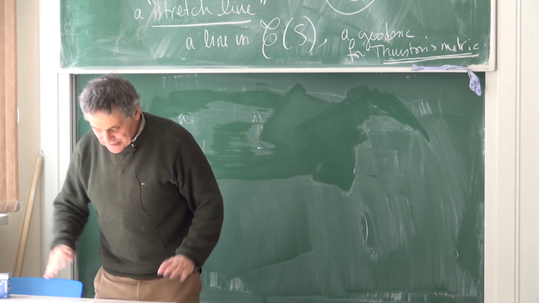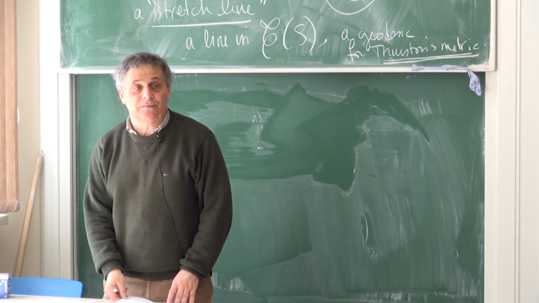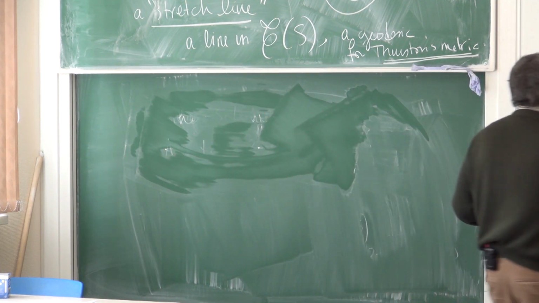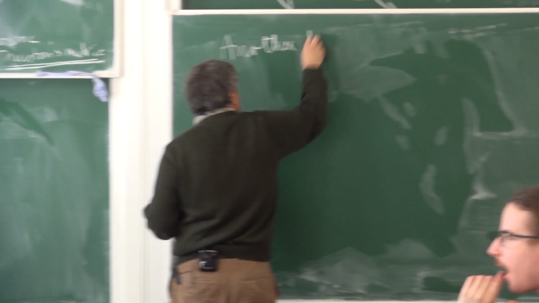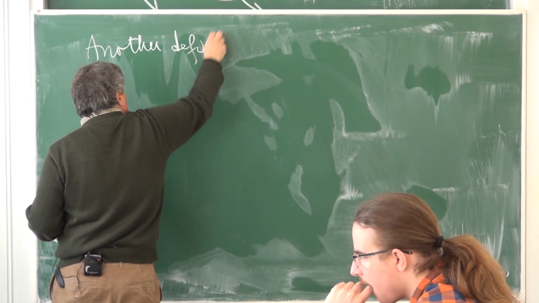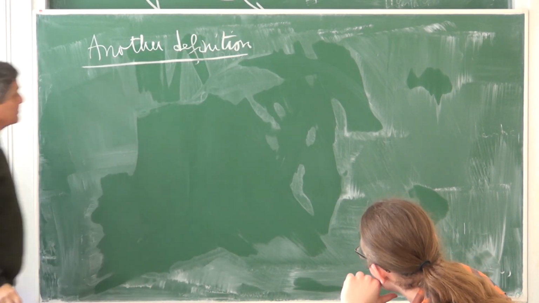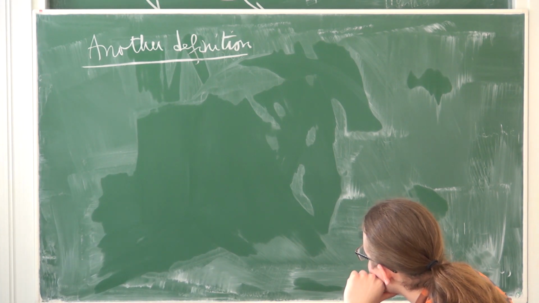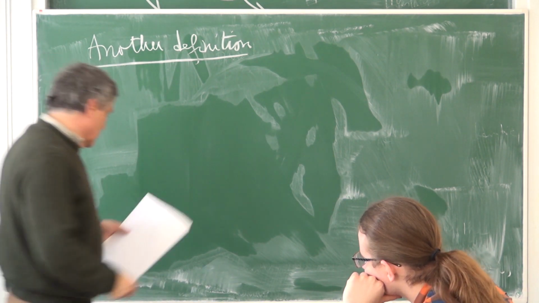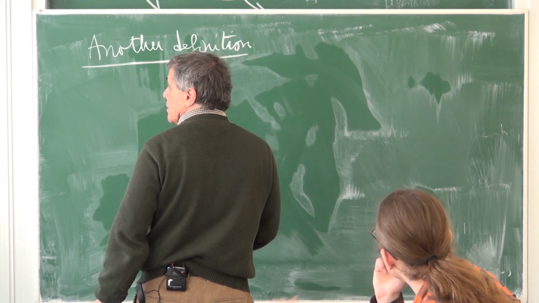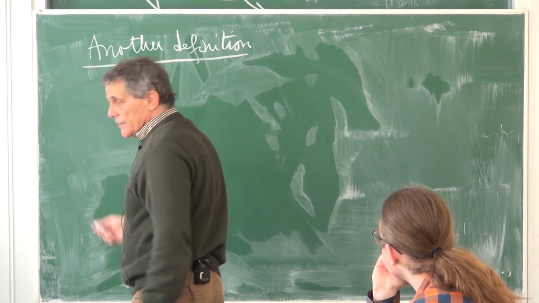I want to finish with the definitions of the Thurston metric. So I want to give another definition here, another definition of the Thurston metric. This has to do with the length spectrum of the two surfaces.